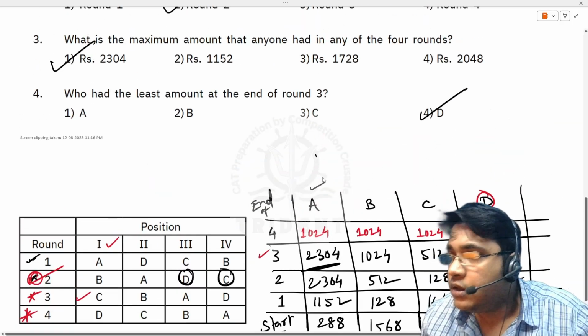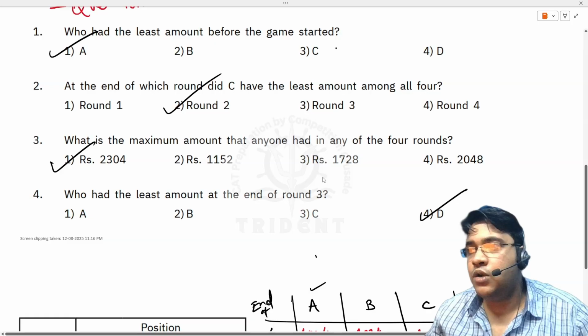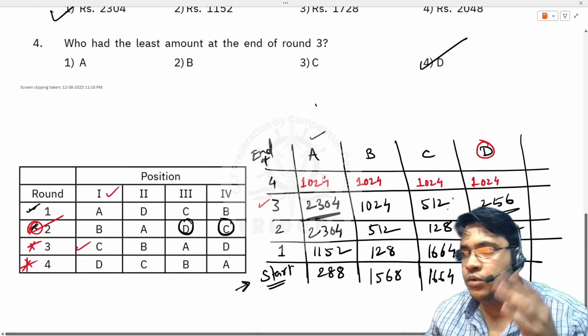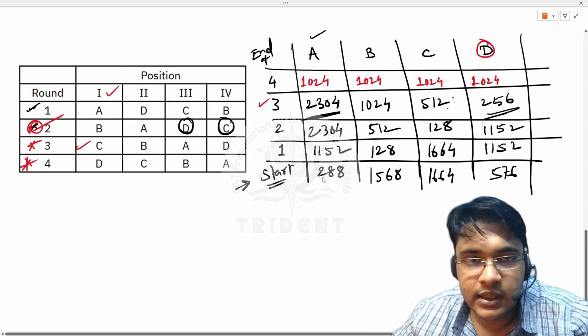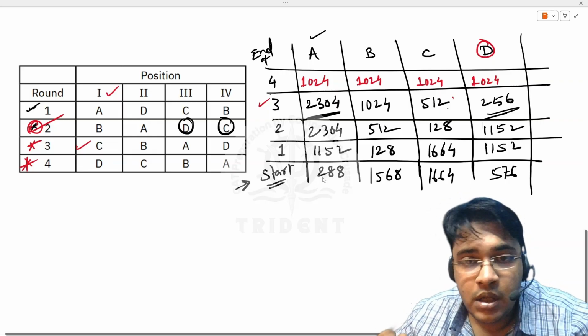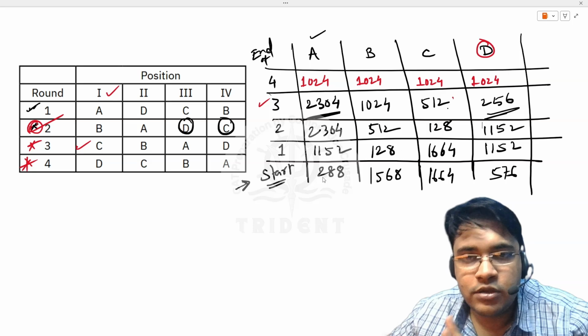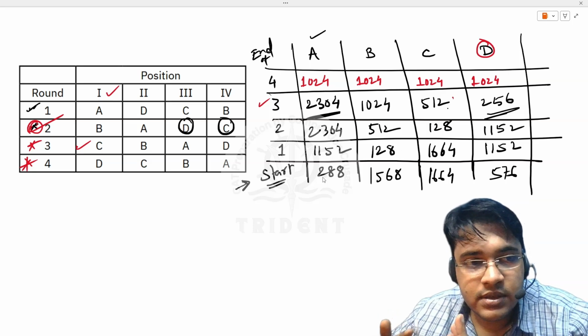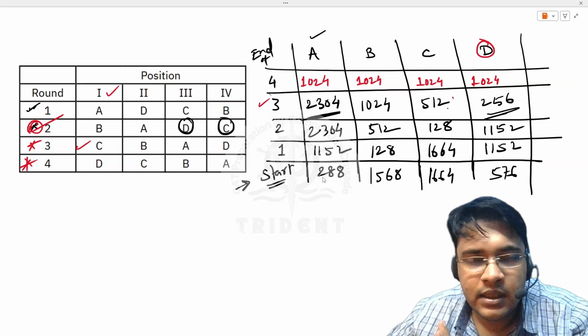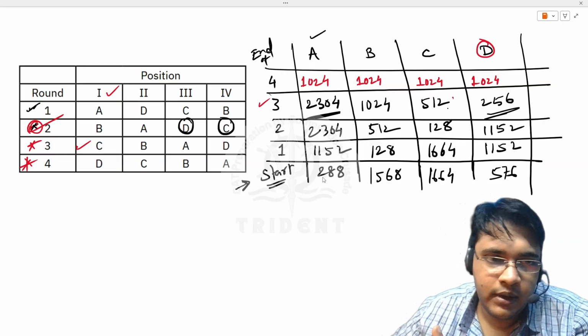So this was a very doable question only when you know how to interpret the data, how to tabulate the data, how to make sense of the data, what are the trigger points that you needed to look at while solving this set. Again, this is not very difficult, but for somebody who is maybe starting out, might find it little moderate level. Okay, thank you.